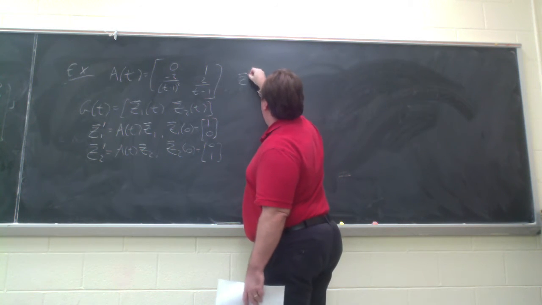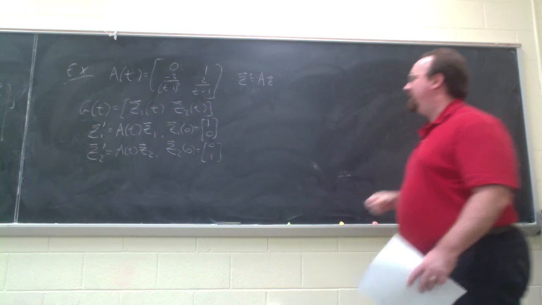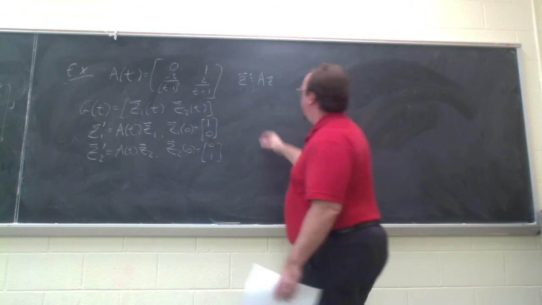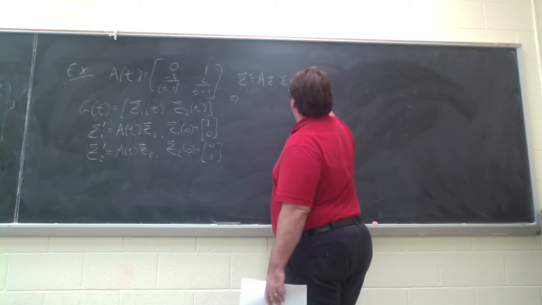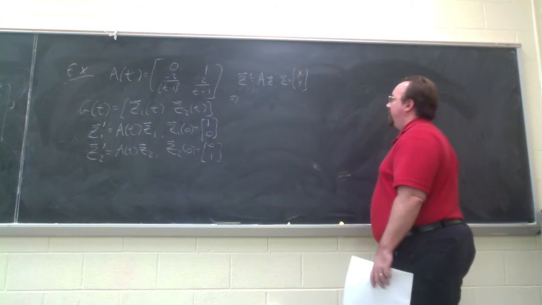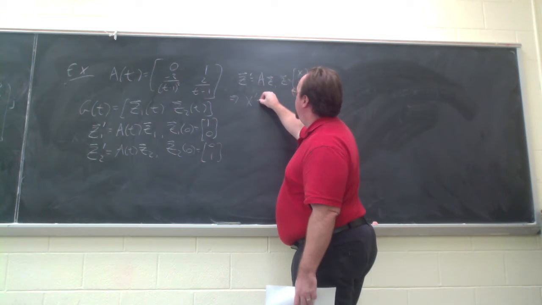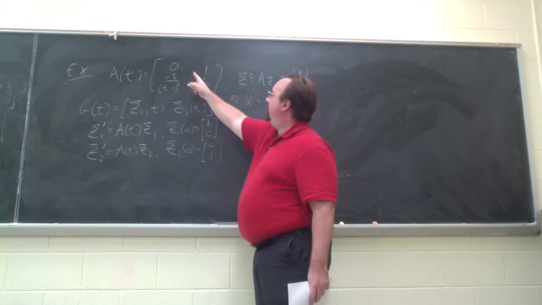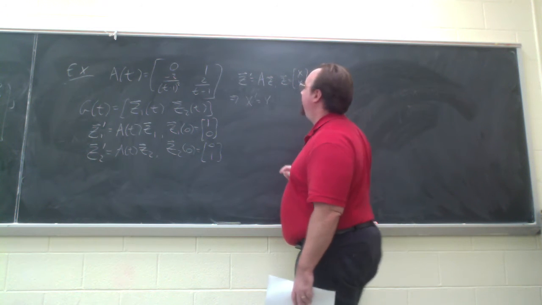So if I have z prime is equal to Az, that's my system. I want to write that out component by component. So I'll let z equal (x, y), those are my components of z. That means I have x prime is equal to 0 times x plus 1 times y, so x prime equals y.